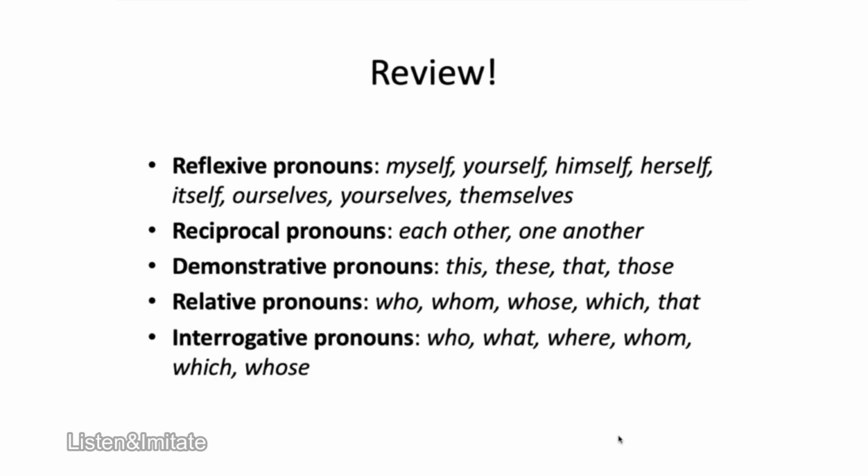The interrogative pronouns are who, what, where, whom, which, whose. They refer to a person, place, time, information, or thing we don't know. We use them at the beginning of a question.